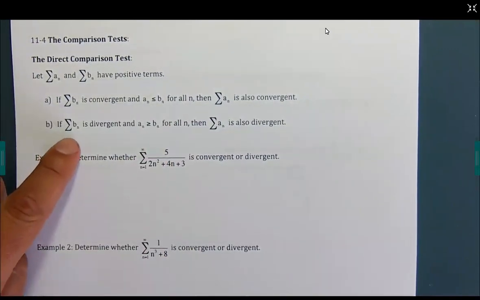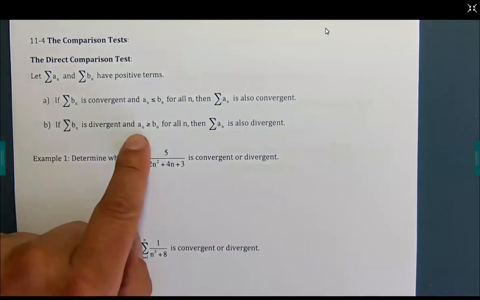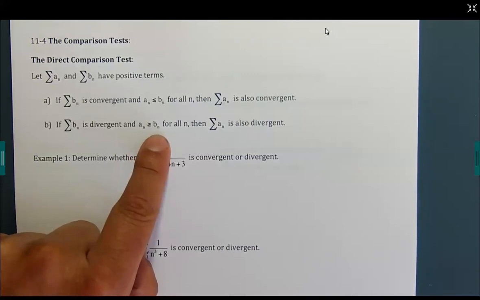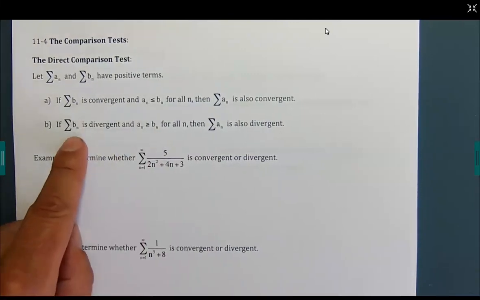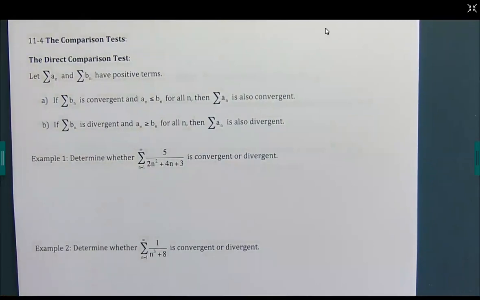B sub n is what we're going to choose to compare it to, and it'll make more sense when I get to an example down here. But if this one's divergent and all of the original terms are bigger than or equal to our new terms, then this one's also divergent. So this one tests for convergence and divergence.